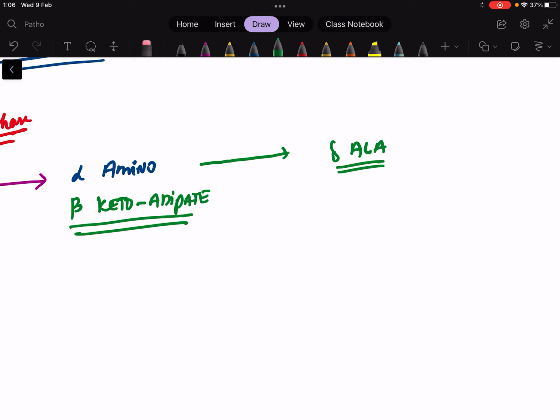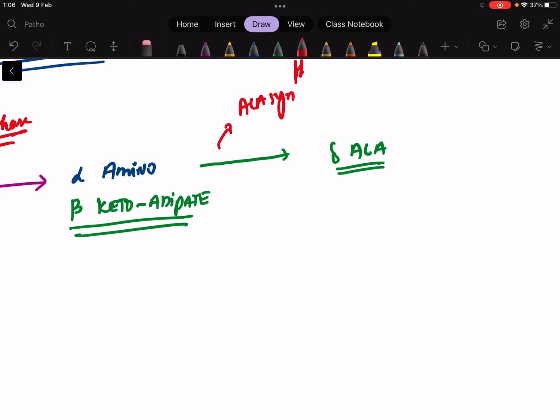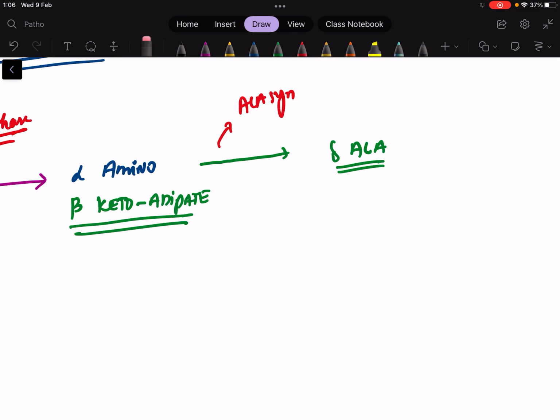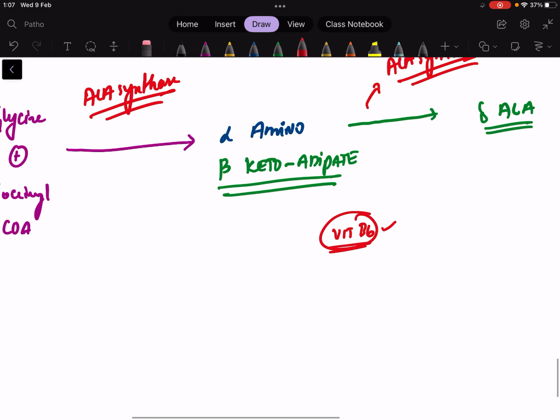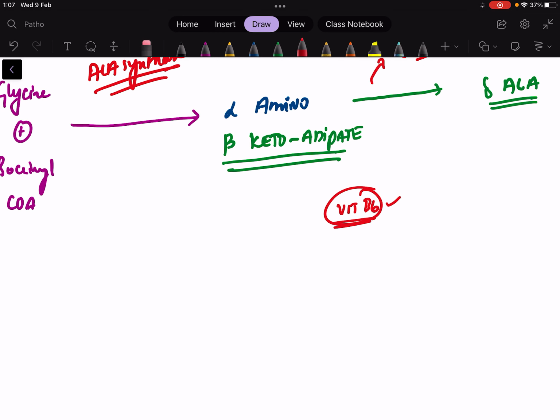So here also the enzyme is ALA synthase. Let me clear this one. The enzyme here is ALA synthase. Okay, so both these enzymes ALA synthase are dependent on vitamin B6, which is pyridoxal phosphate. Vitamin B6 is usually a precursor form of pyridoxal phosphate.